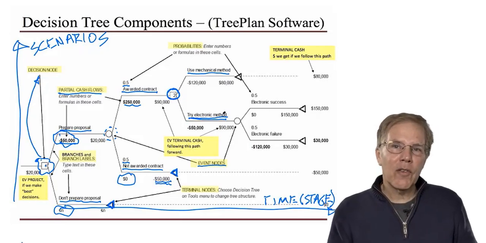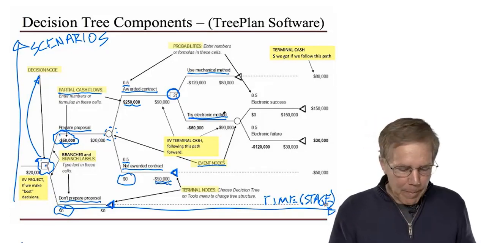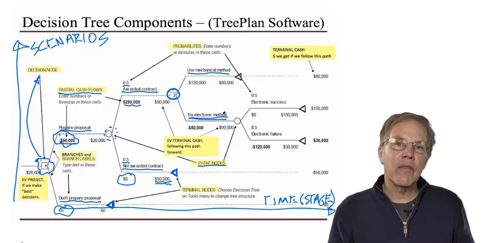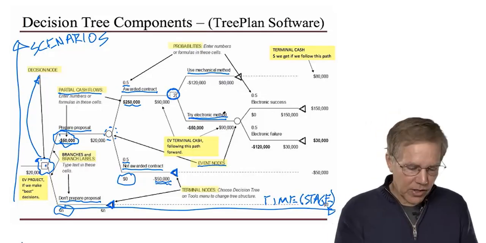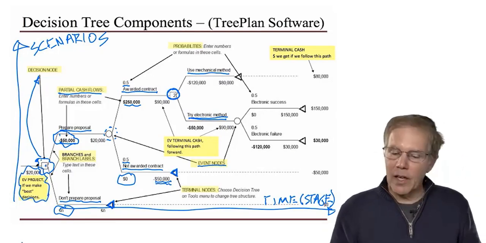How does the TreePlan software decide which decision is best? Well, it uses this criteria: always make the set of decisions that maximizes the expected value of this project. And our expected value for the project is down here.